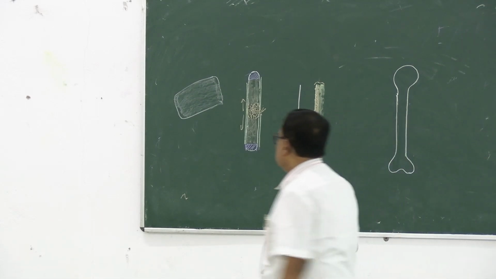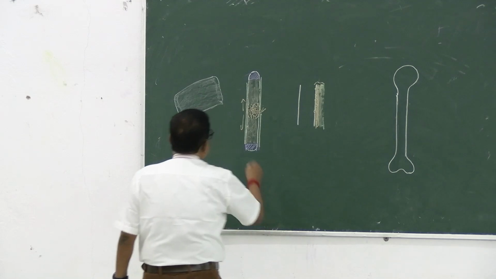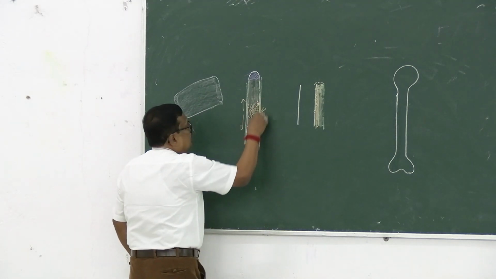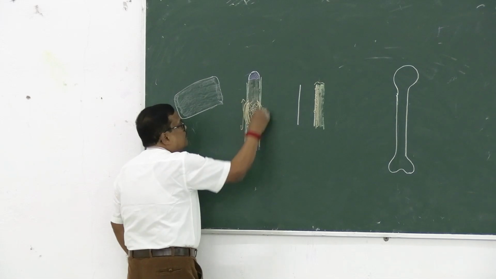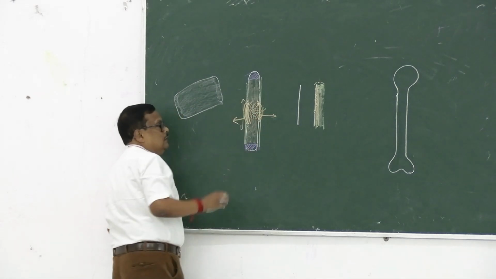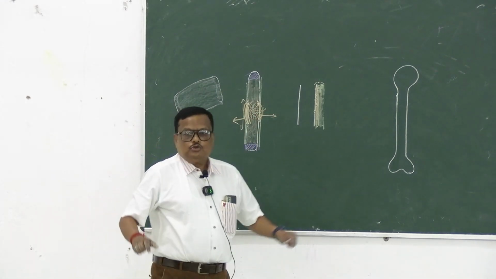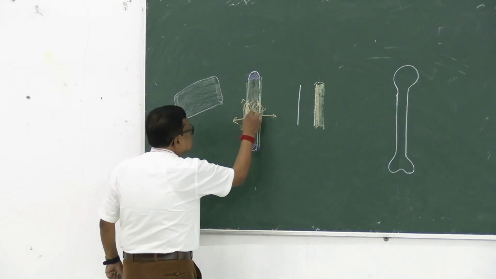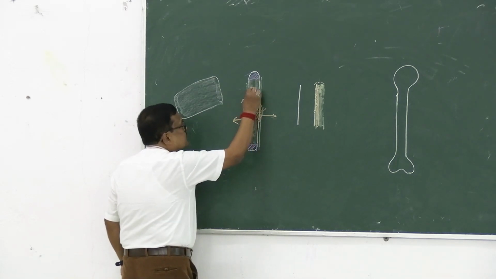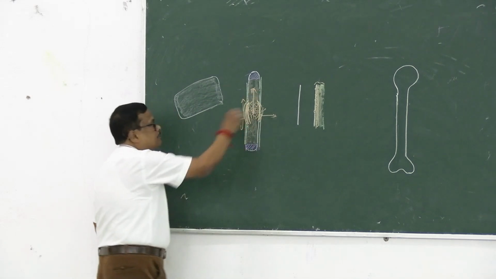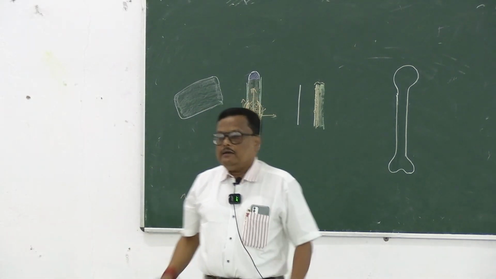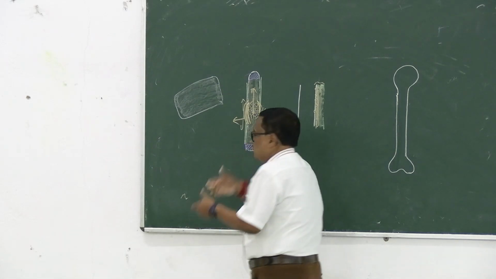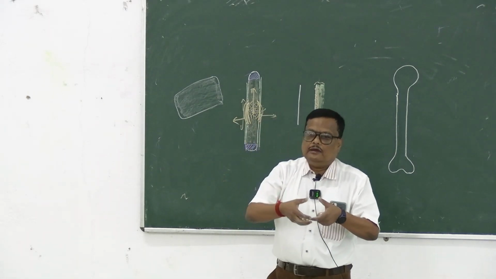This osteogenic layer can produce bone, and bone is increased in girth, increased in breadth. So length is increased by the ongoing process of the primary center of ossification, and breadth is produced by the periosteal osteogenic layer.